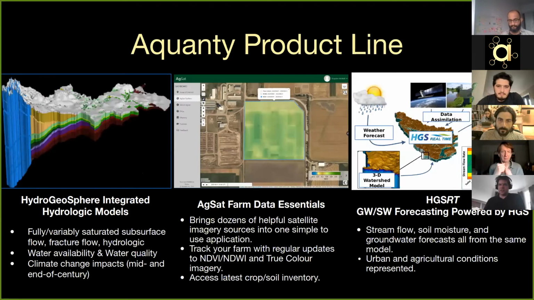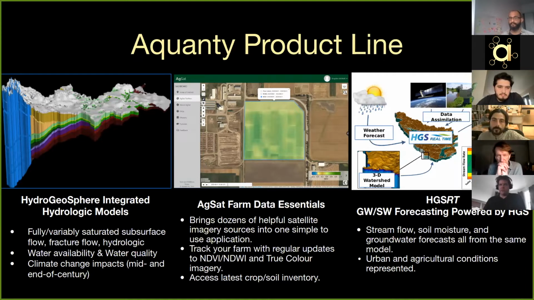Aquanty focuses on a few different verticals, and I think this slide illustrates it well. On the left, we have our HydroGeosphere integrated hydrologic models. These look at fully or variably saturated subsurface flow, things like fracture flow and hydrologic prediction and estimation, things like water availability, water quality.